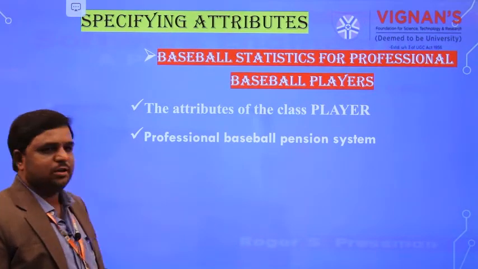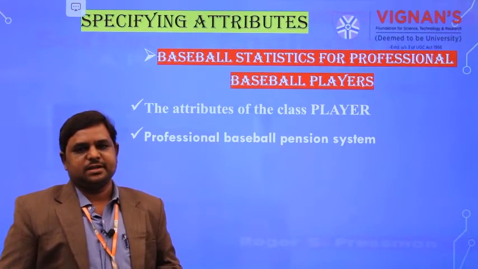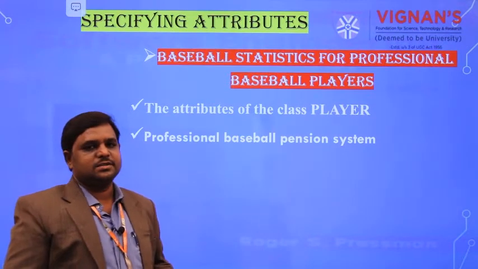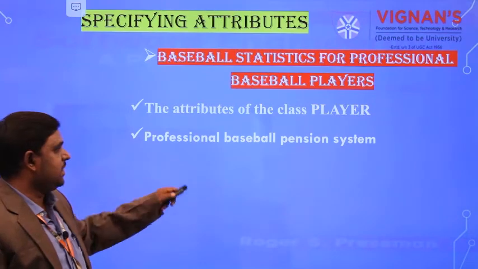For this one, the attributes may be his average salary, his CTC, his annual income, and the deductions he has. All these things we have to consider. So attributes change for different systems.